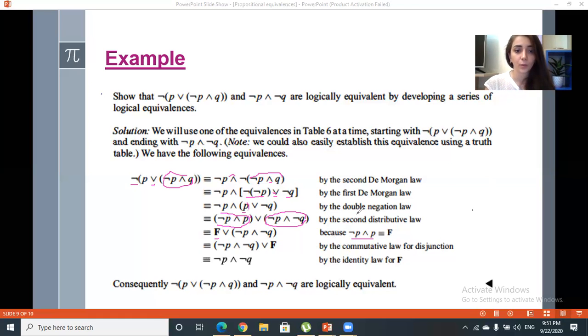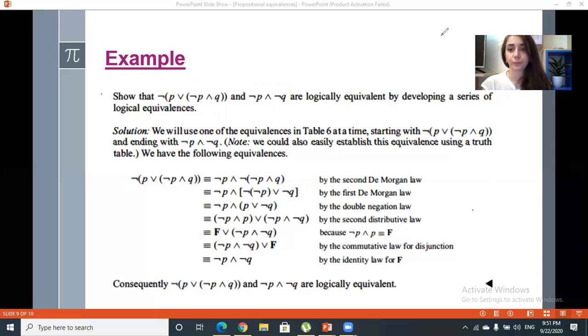Consequently, we find out that these two operations are logically equivalent. Yes, we find this. Okay, again, if something is unclear for you, please let me know.